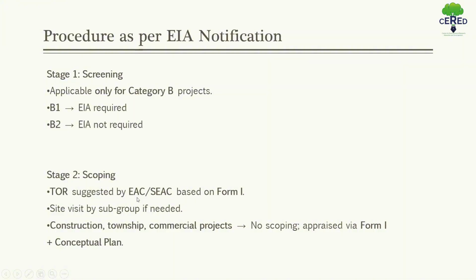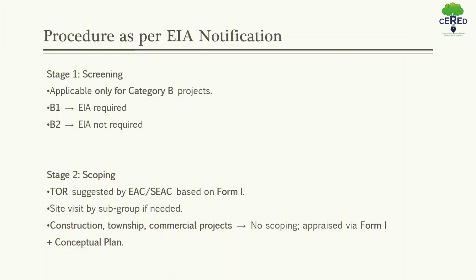Next part is scoping. Detailed and comprehensive terms of reference, called TOR, shall be suggested by the EAC of MoEF or the SEAC of SIAA based on Form 1 submitted by the applicant for preparation of the EIA report. The subgroup of EAC and SEAC will visit the site if necessary.